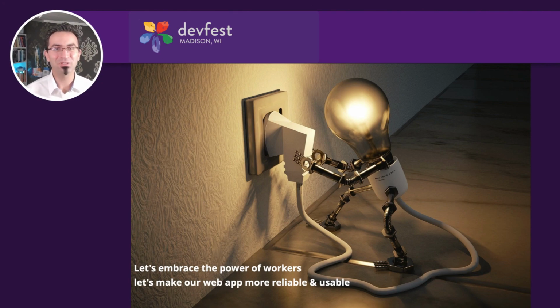So you can simply hold off some of these tasks to other threads with the different APIs. Let's embrace the power of these workers, and by doing that, we are making our application not only more reliable, but also more usable. Our users are going to love it, right?